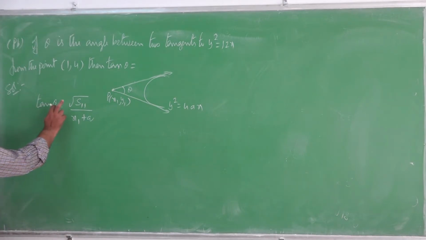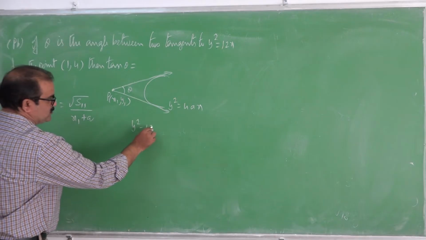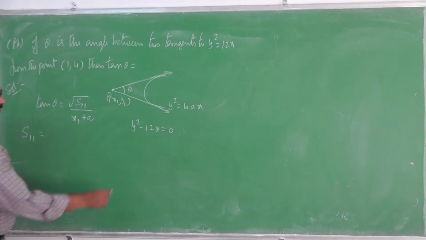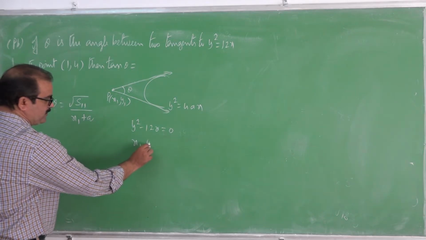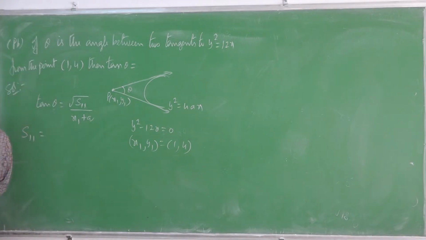Here, first we find the S11 value. What is the given parabola? Y square is equal to 12x, or y square minus 12x is equal to 0. What is the given point here? x1 y1 is equal to 1 comma 4.